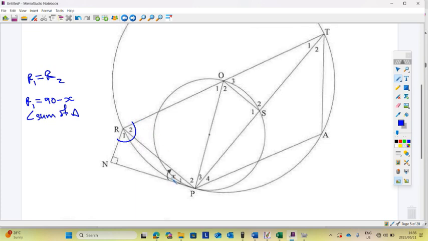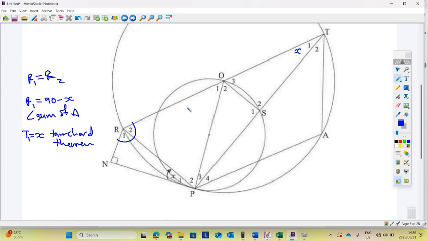Let's write it in terms of X. Looking at our diagram here, this is X here. So we are saying T1 is equal to X, and this is tan chord theorem.